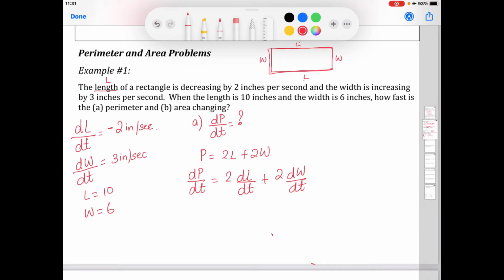So now we are going to do what? Once we've taken the derivative, substitute in all the values you know. So dP over dt equals 2 times, what's my dL over dt? Negative 2, plus 2 times 3, which is what? Negative 4 plus 6, which is 2. And this is perimeter, so it's going to be inches per second.